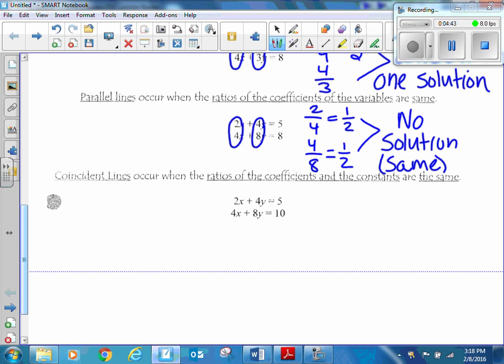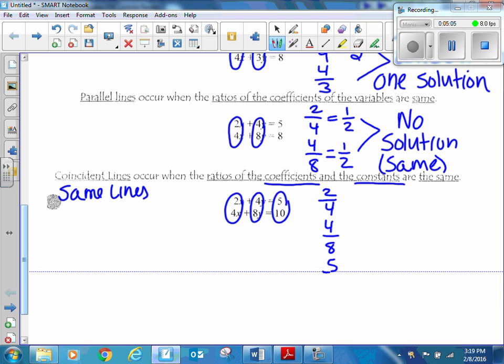So, coincident lines, these are the same lines. For this, it's important that you're looking at the ratio of the coefficients and the constant. So here we're looking at this, this, and the constant. I have 2/4, 4/8, and 5/10.